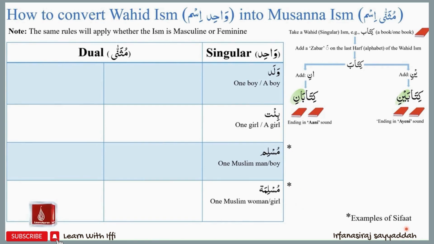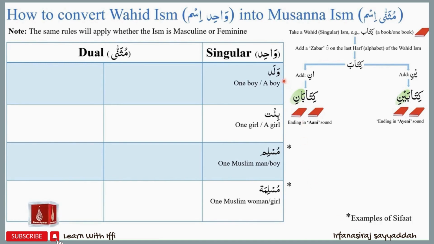So even for sifat, we will have a singular version, dual version, and plural version. Why? Because sifat are included in ism, and ism will have 4 characteristics, one of which is the number of the ism, and that number can either be singular, plural, or dual.